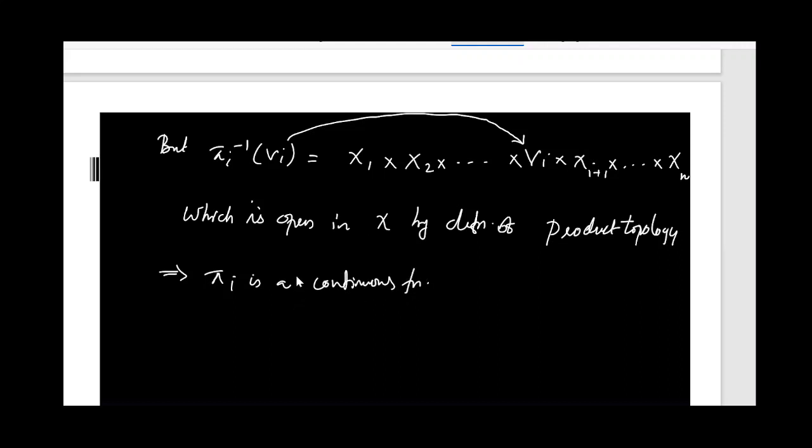Pi i is continuous. So the first part of the theorem we have proved.